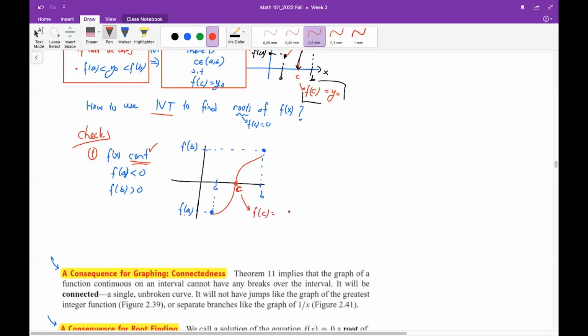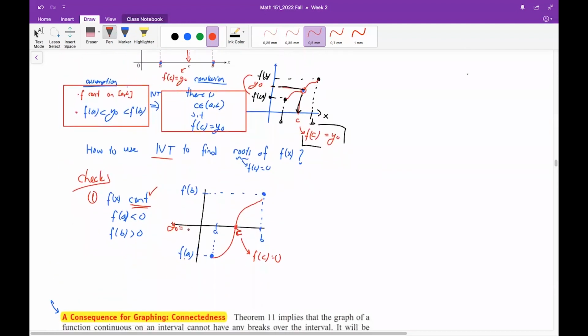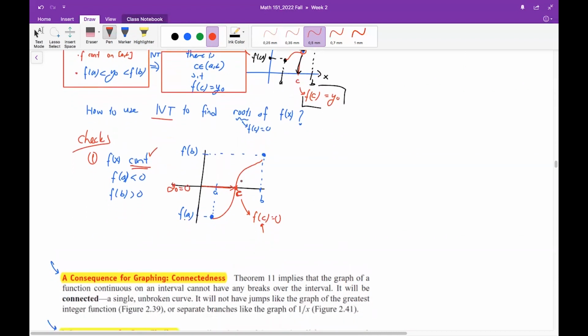Right at this point, your function takes the value 0, right? So in a way, if you want to fit this story to the statement, you are choosing the y0 value as 0, and you make sure that this 0 value is attained by a real number C. So if you have a negative value and a positive value on your graph, and furthermore your function is continuous, then you can make sure by the intermediate value theorem that your graph has to cross the x-axis.